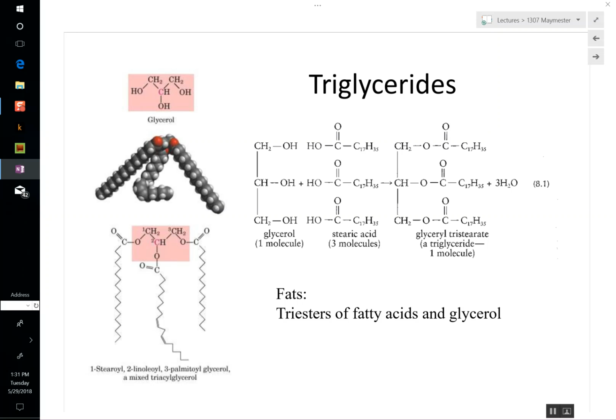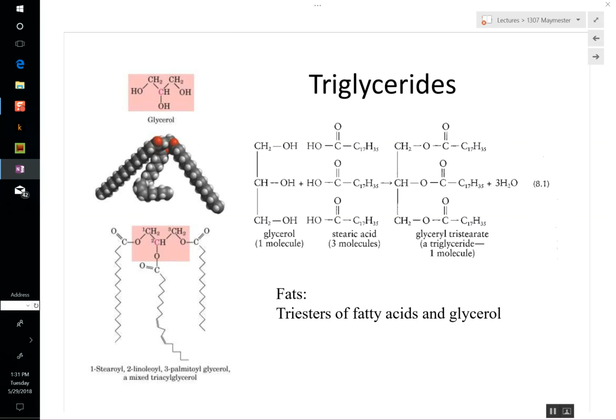Now they're no longer fatty acids. Instead of stearic acid, it's stearate. Instead of oleic acids, it's oleate. It's the ester. It's the ester linkage to the glycerol, and that's your triglyceride. So if you looked at it here, here's your glycerol, here's your 3 fatty acids.